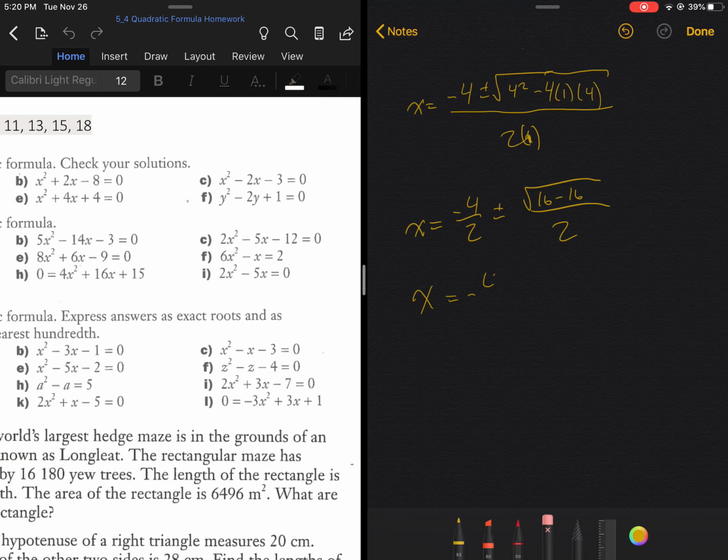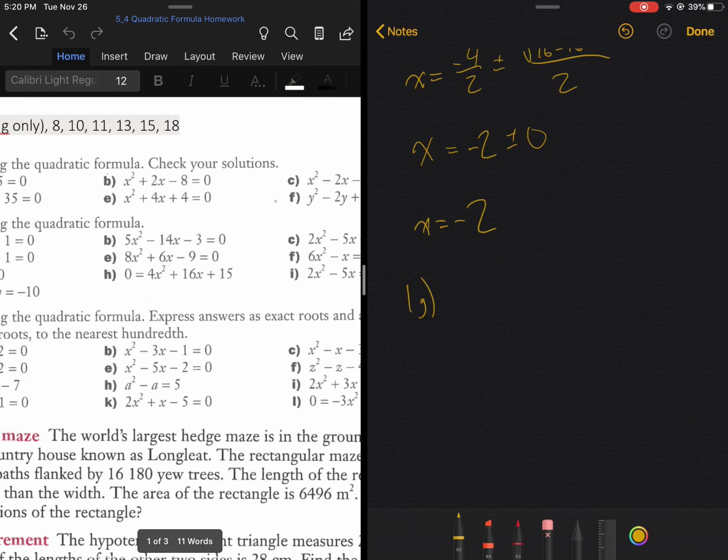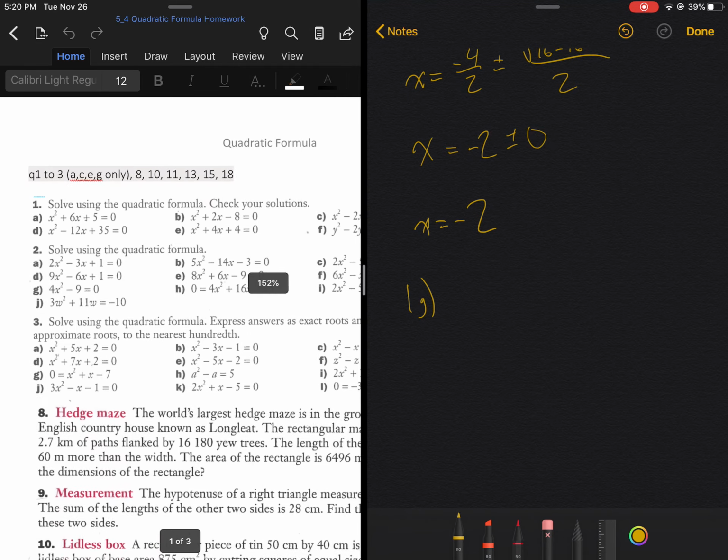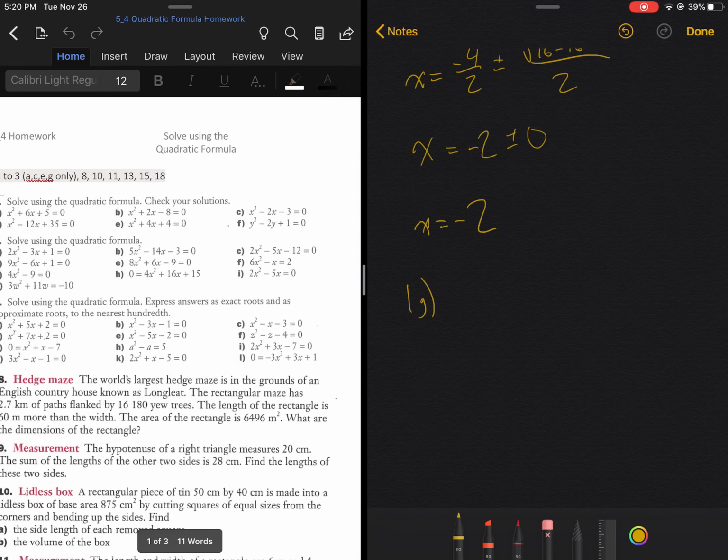The answer is equal to minus 4 over 2, which is minus 2, plus or minus 0. So you don't add or subtract anything. X equals minus 2. And that's when it's a perfect square. Finally, 1g, and we'll be done 1.